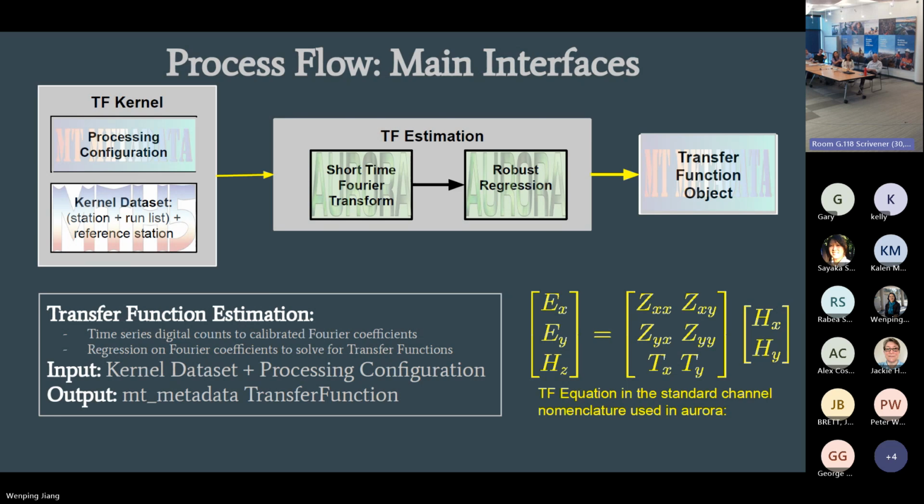This little matrix equation in the corner is the equation that we're solving. If you're not very exposed to MT, it's the matrix in the middle that we're estimating. I'll point out that the observations in the field are the electric fields, here called EX and EY, and the magnetic fields, HX and HY.